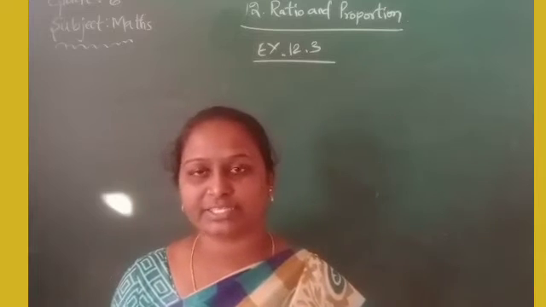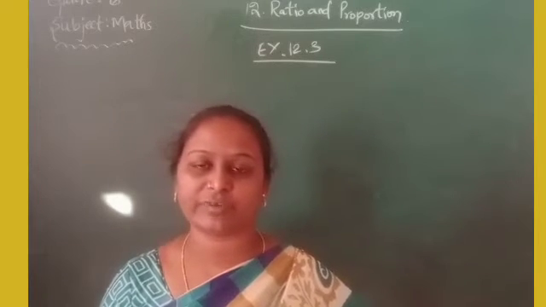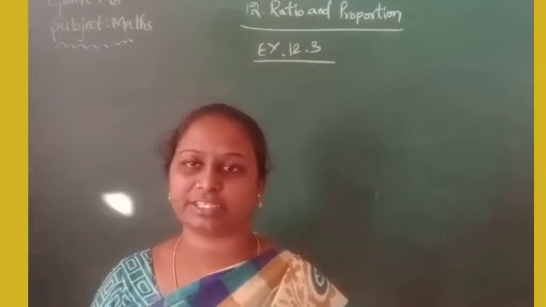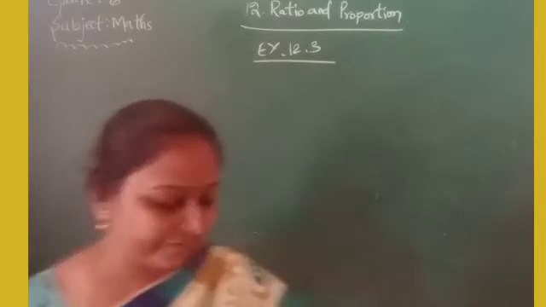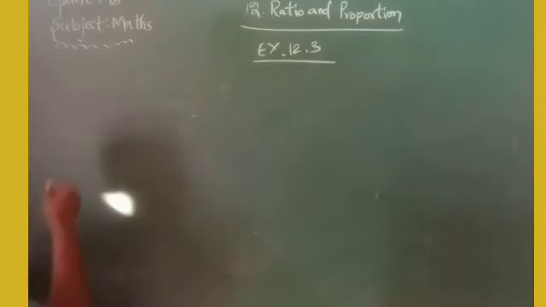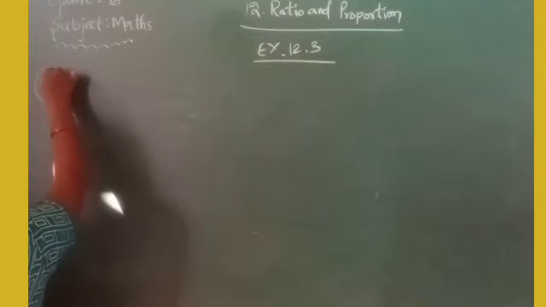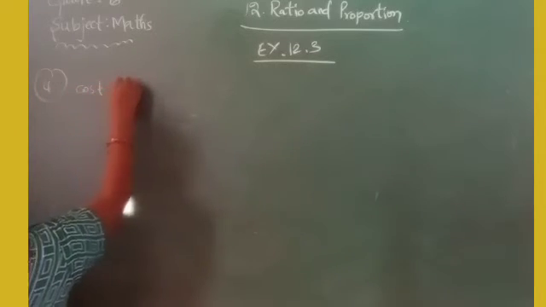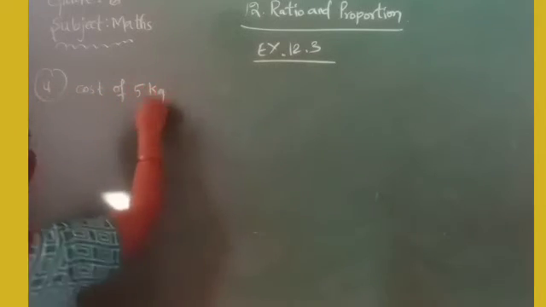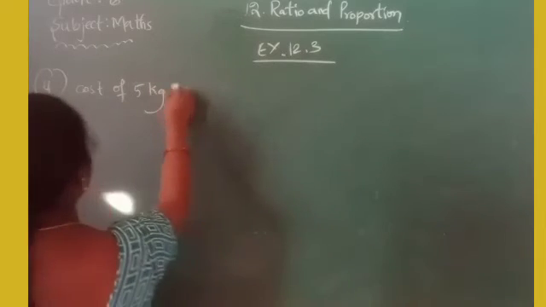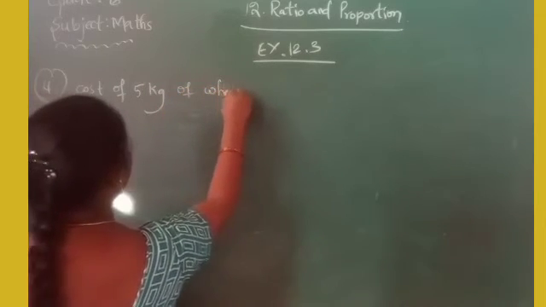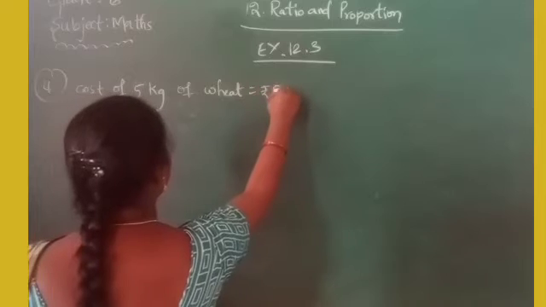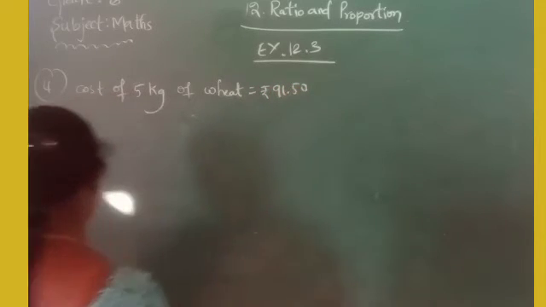So first find the value of 1 unit, after that the required number of units. What is given here? The cost of 5 kgs of wheat is 91 rupees 50 paise.